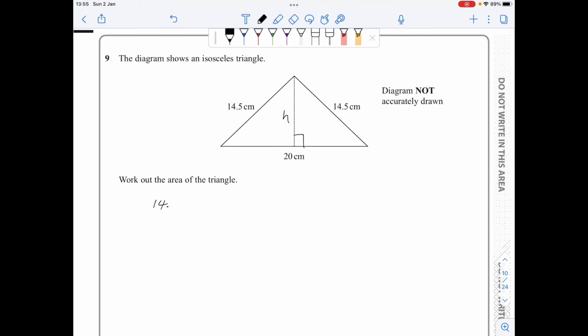So 14.5 squared is equal to h squared plus 10 squared. 10 because that's half of my 20. So h is equal to the square root of 14.5 squared minus 10 squared, and the answer will be 21 over 2.